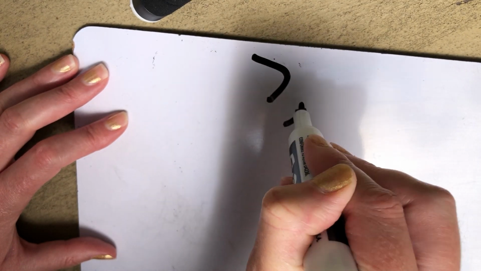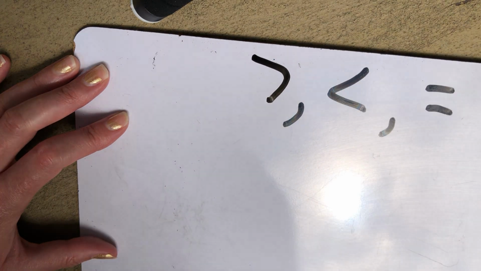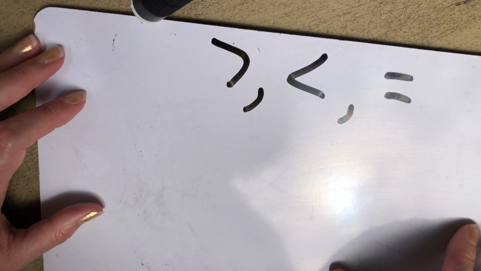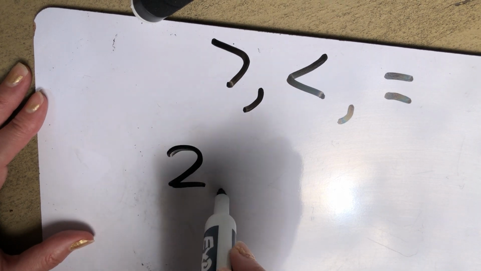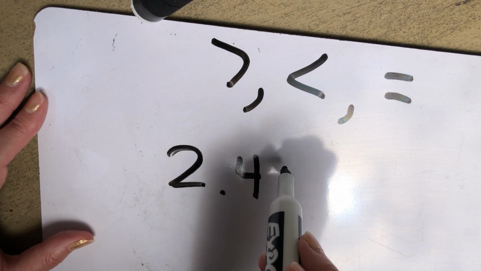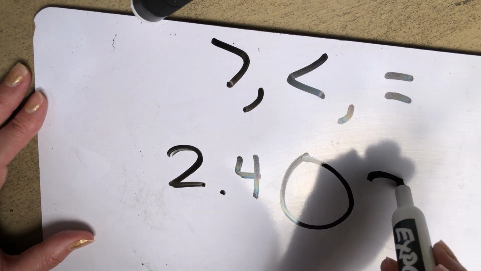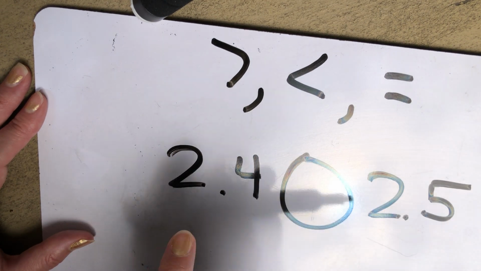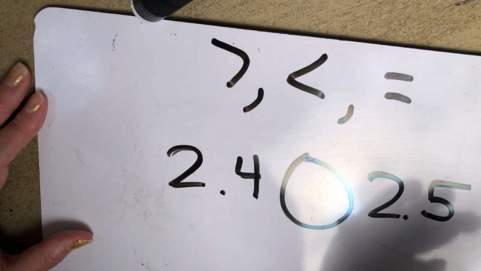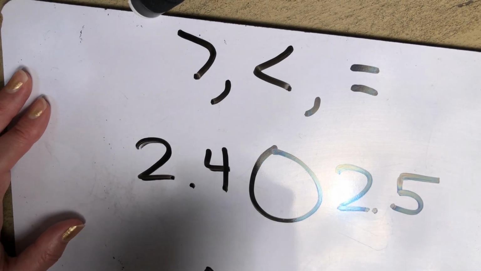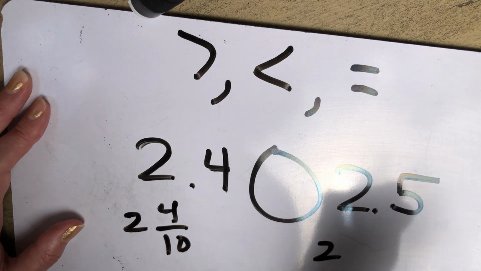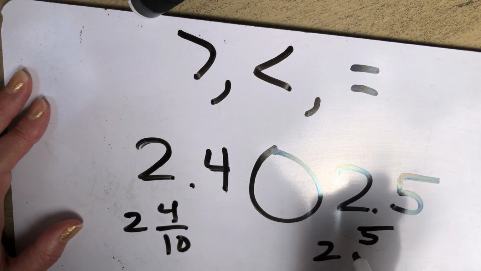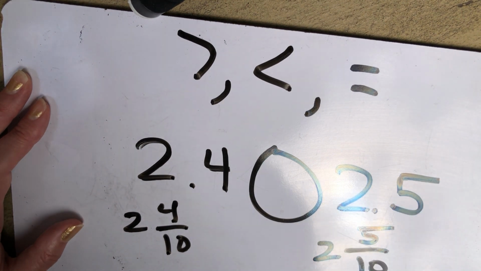What if you had, let's say, 2.4 and 2.5? If you wanted to write this as a fraction, this would be 2 4/10. This would be 2 5/10. Which would be a larger amount?